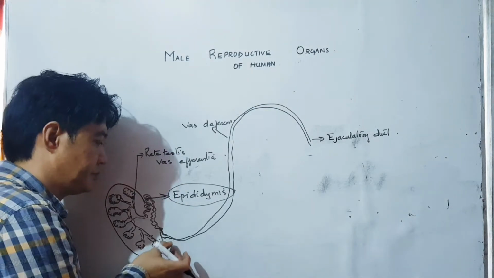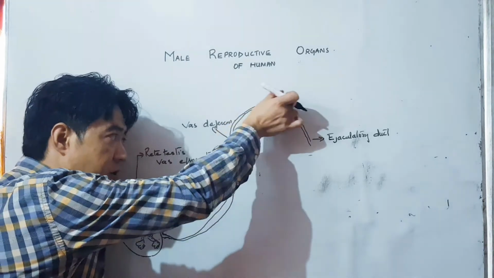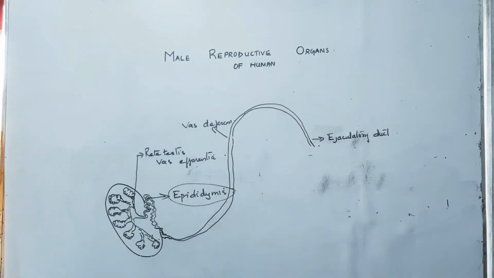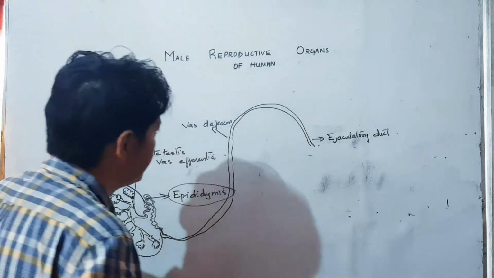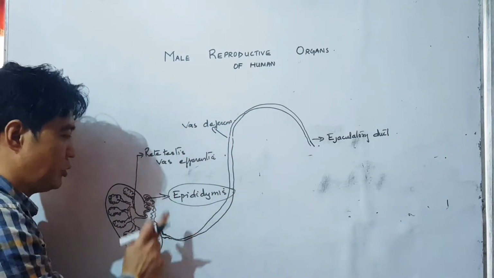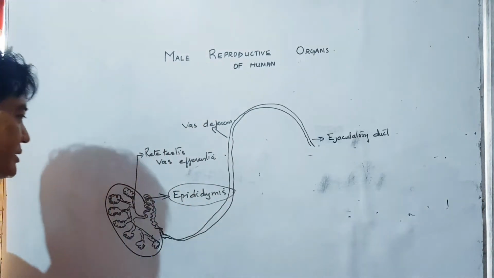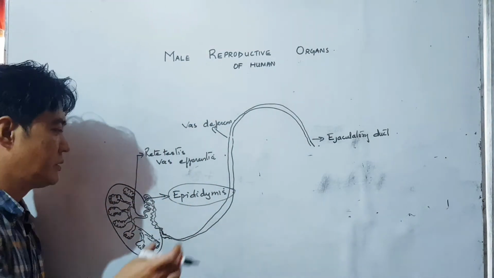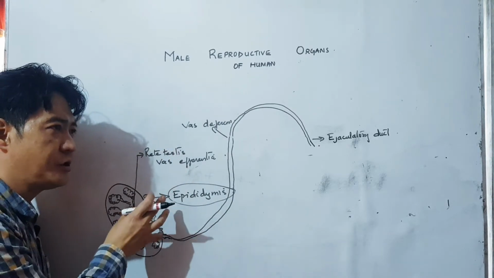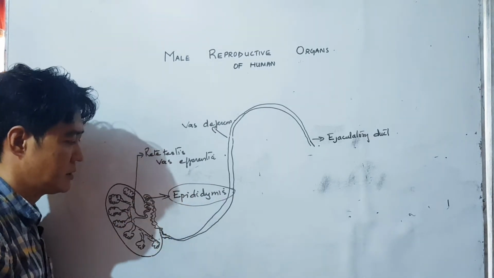From the scrotum, this spermatic cord passes through the inguinal canal to the abdominal region and comes back near the urinary bladder. So the spermatic cord in between the epididymis and ejaculatory duct is known as vas deferens. I forgot to mention the function of the epididymis. Here the maturation of the sperm and the storage of the sperm occurs.